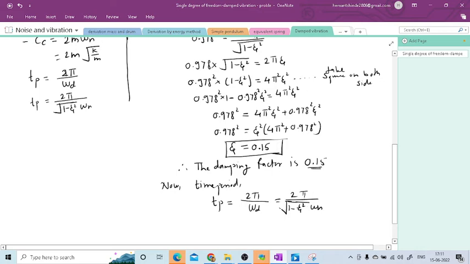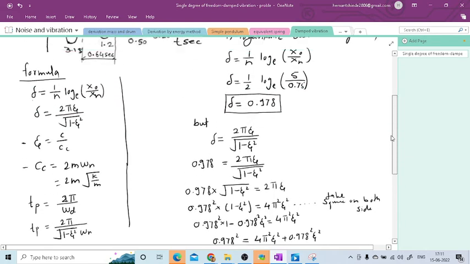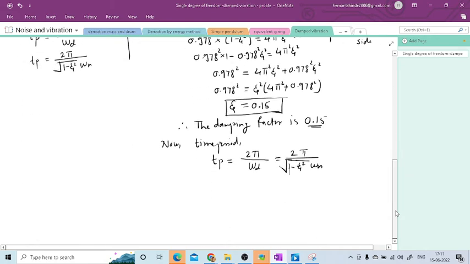Now put the value of the time period. What is the value of the time period? Just check. The time period which is given is 0.64. So I'll write here 0.64 is equal to 2 pi divided by root of 1 minus the value of zeta, 0.15 square, into omega n.